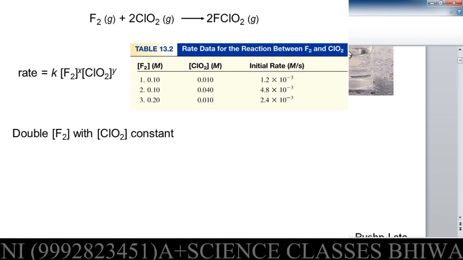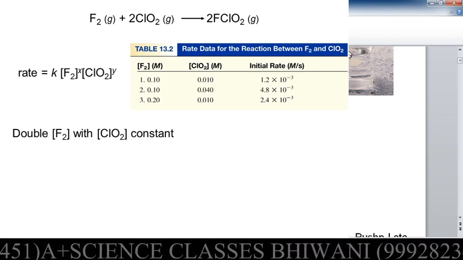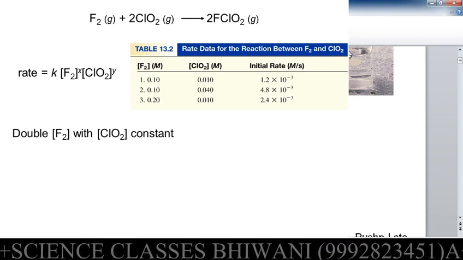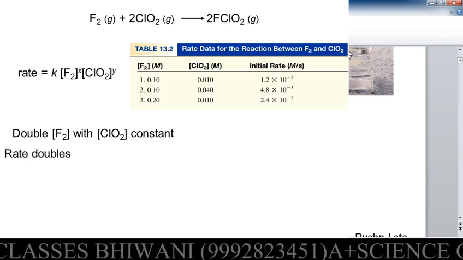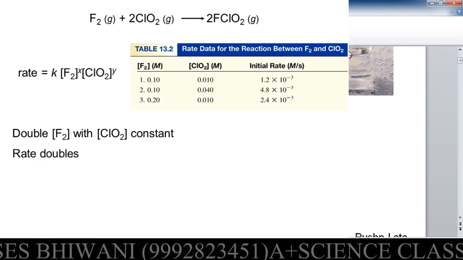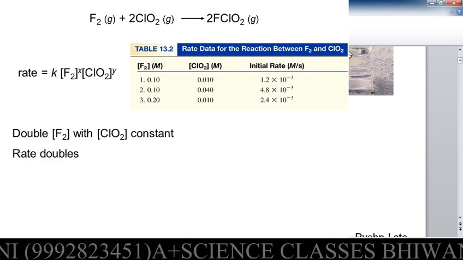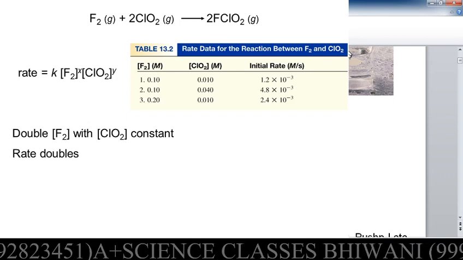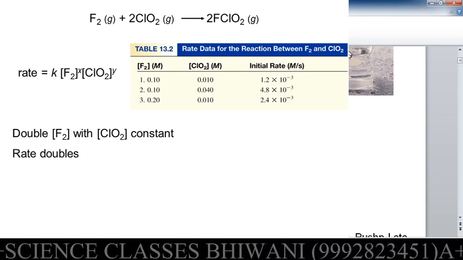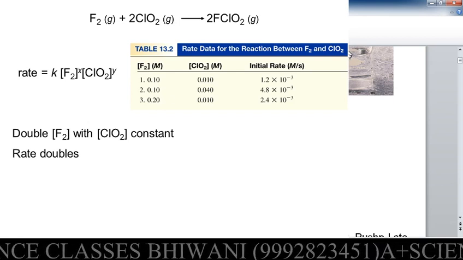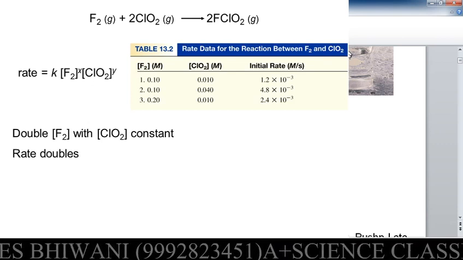As we double the concentration of fluorine by keeping the concentration of chlorate constant, our rate also doubles. If the concentration of fluorine is doubled with respect to the constant concentration of chlorate, the rate also doubles. If it were tripled, which is not given here, the rate would also triple. That time you may say that the rate is directly proportional to the concentration of fluorine. Clear?